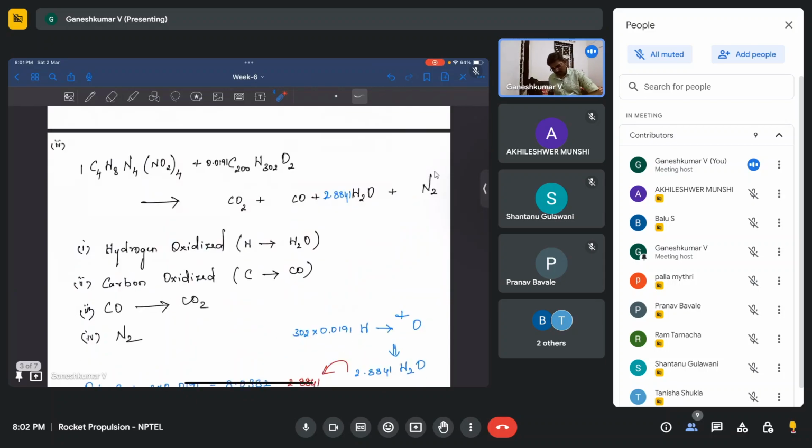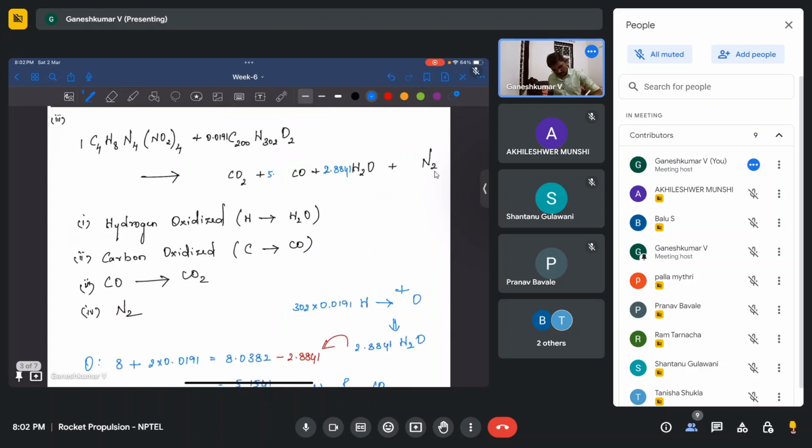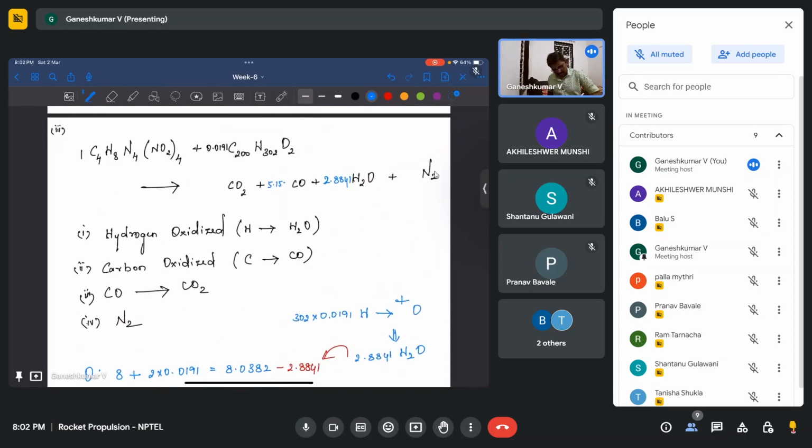So let's put that here. This is the maximum, 5.1541 CO I can form, and N2 I can simply write as 4N2, so 4 plus 4 is 8, here also 8.